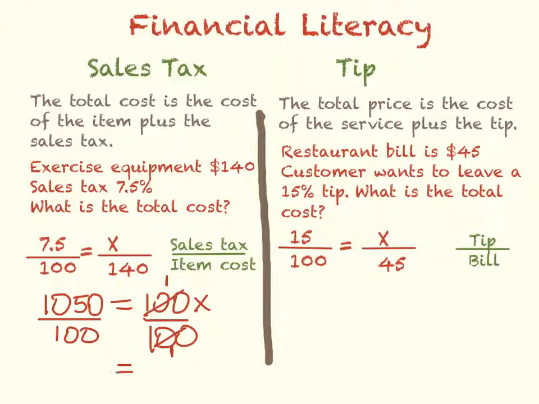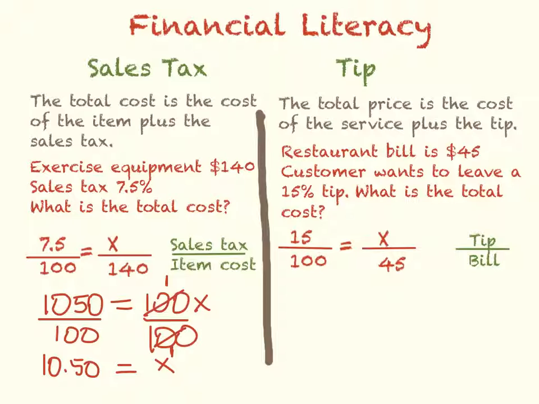So we're left with x by itself. And what is 1,050 divided by 100? Well, when I divide by 100, I can move my decimal 2 places to the left. So that gives us 10 and 50 hundredths.